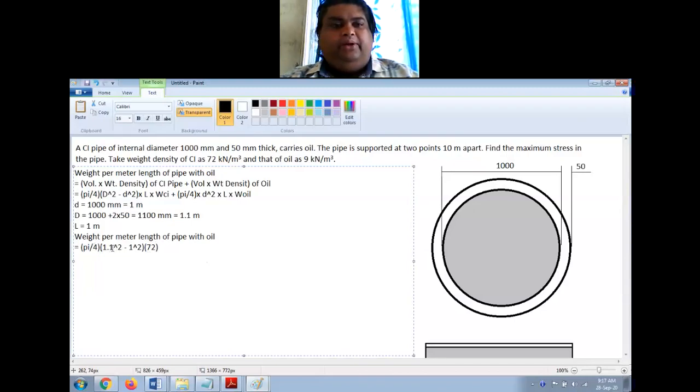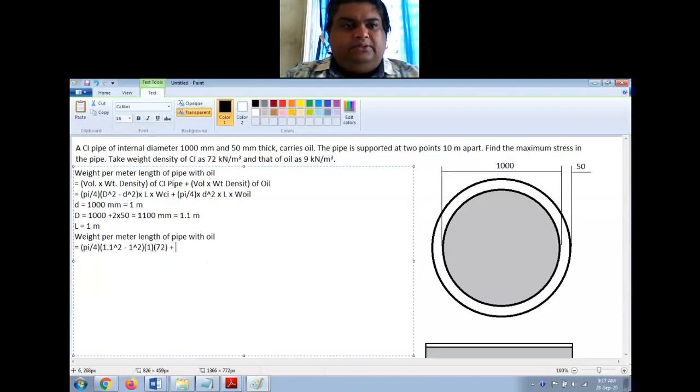So this is in meter square, into L is 1, so meter square into meter becomes meter cube, and meter cube gets cancelled. So you will get it in kilonewton per meter length.